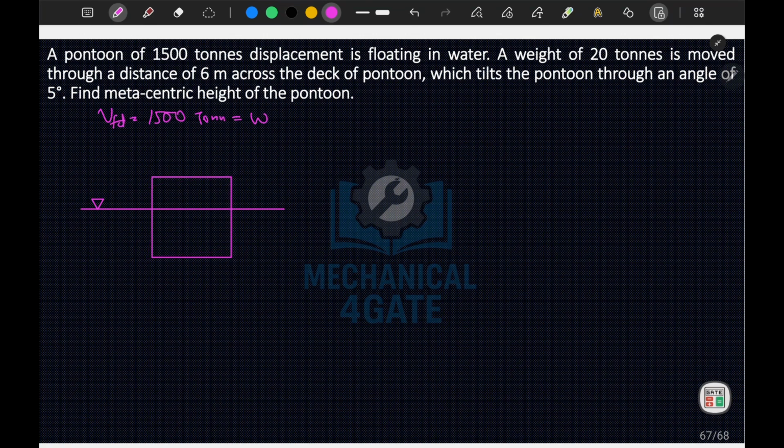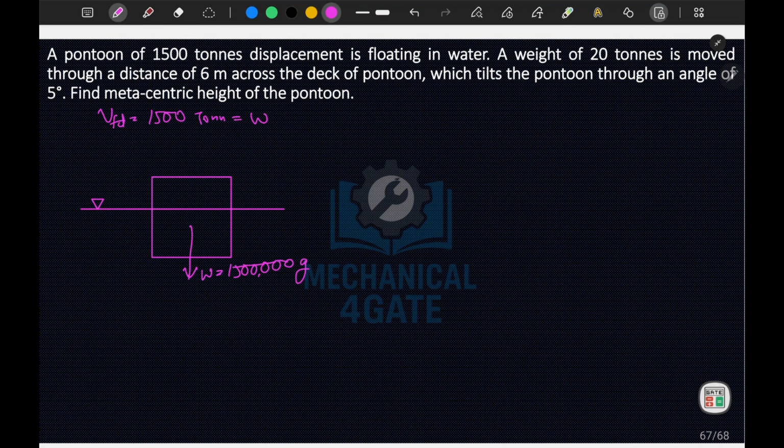It has a weight of 15,000 kg, that is 15,000 times g. This is your weight.